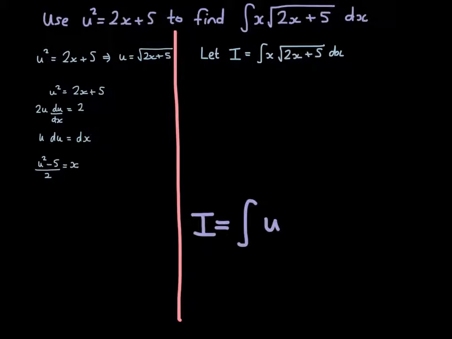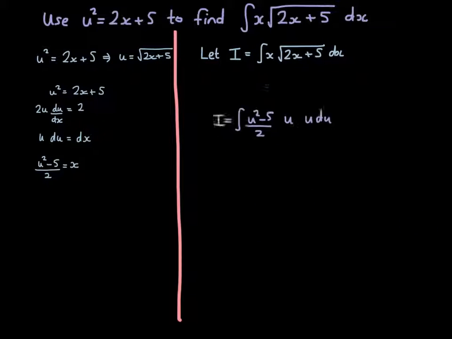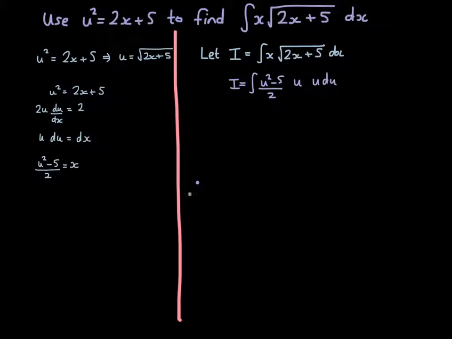So I is going to be equal to the integral of u squared take away 5 divided by 2 multiplied by u multiplied by u du. So we just tidy that up and then we're good to go. So I'm going to take the half out again, and then we're going to multiply the two u's together just to simplify a little bit.